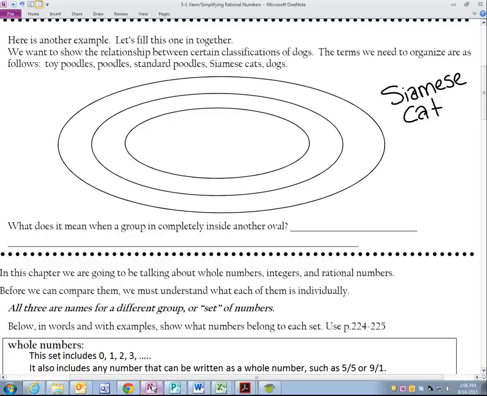Now, if we want to talk about the very... Yes. I don't know. No, that's a completely different continent. If I want to do something that's super specific, that's going to go on the inside of this circle, and inside of the other circle, and inside of the other circle.